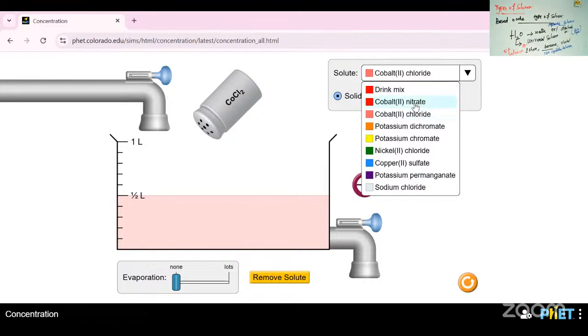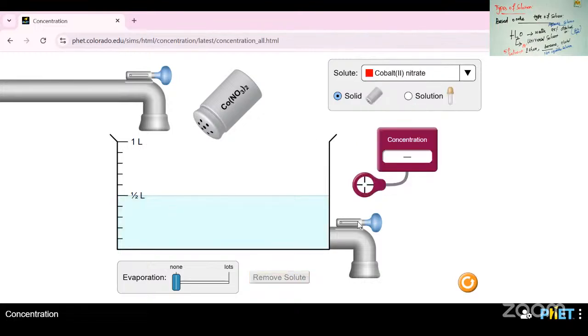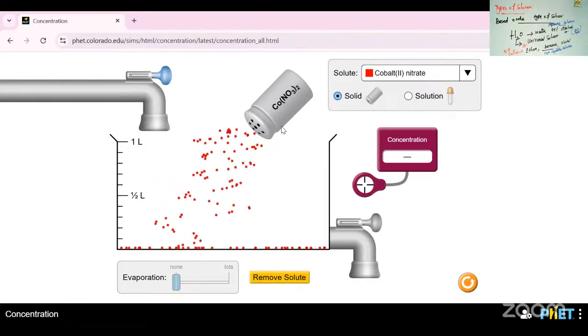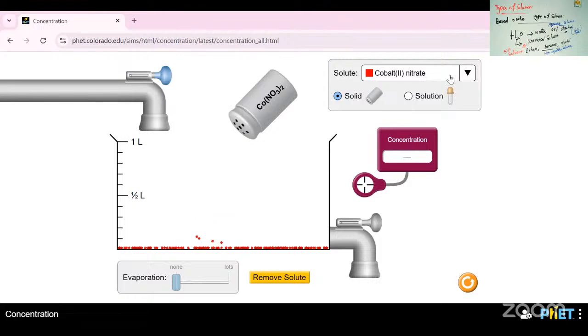Now I'm choosing cobalt 2 nitrate. I spread the solute into the beaker. Cobalt 2 nitrate is the solute, in solid state, with the formula Co(NO3)2. Next, the solvent: I add half liter of water to this beaker.